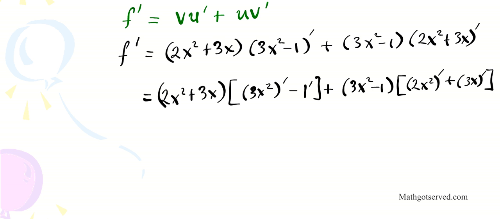All right, so let's go ahead and do this. We're going to just bring this down, parenthesis, quantity 2x squared plus 3x. And then the derivative of this, if we use the constant multiple rule, it's just going to be 3 times (x squared) prime. So I've factored the 3 out of the derivative. Using the constant rule for 1, the derivative of a constant is just 0.